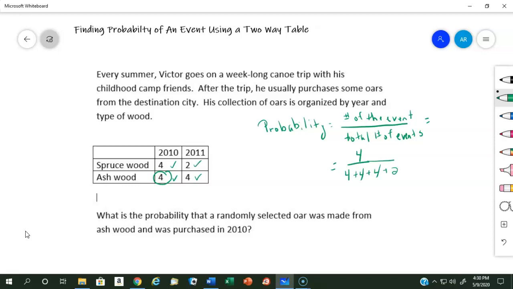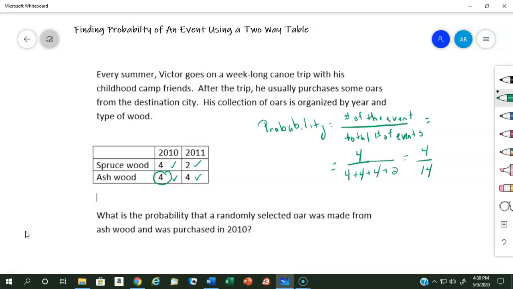Then I'm going to do my math. 4 plus 4 is 8, plus 4 is 12, plus 2 is 14. We're going to be leaving these as fractions for our purposes, but I do want it to be a simplified fraction, because when you go and practice today, that's how it's going to check your answer.